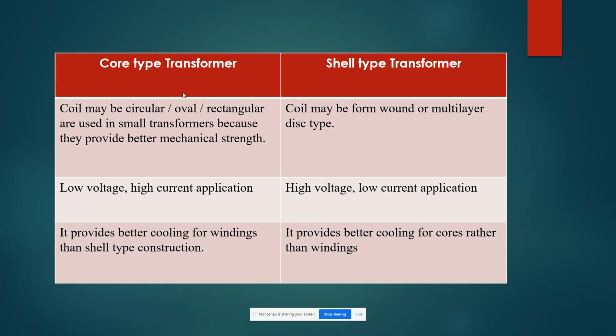In the core type transformer, cooling condition is better for winding as compared to core, whereas in the shell type transformer, cooling condition is better for the core rather than winding, because core is the outer portion of the transformer, whereas the winding is placed at the center.